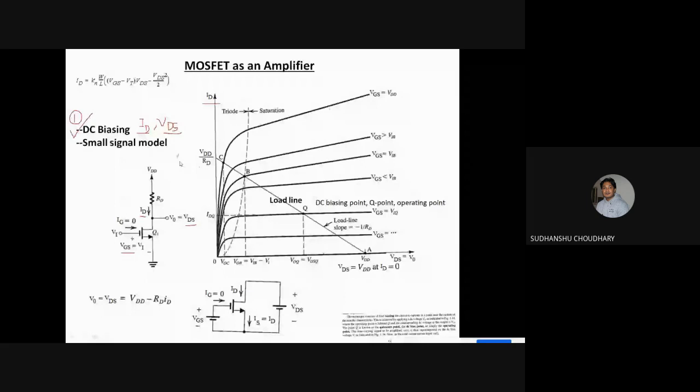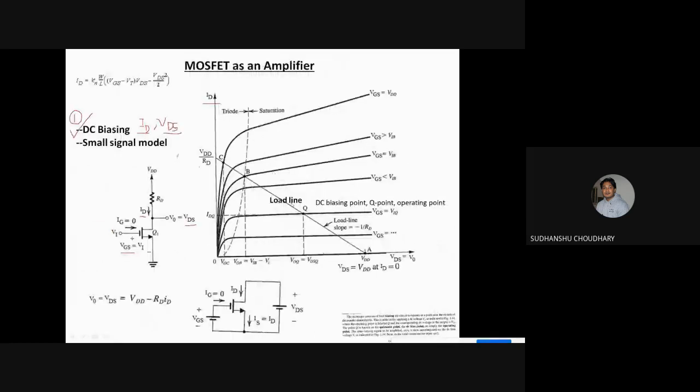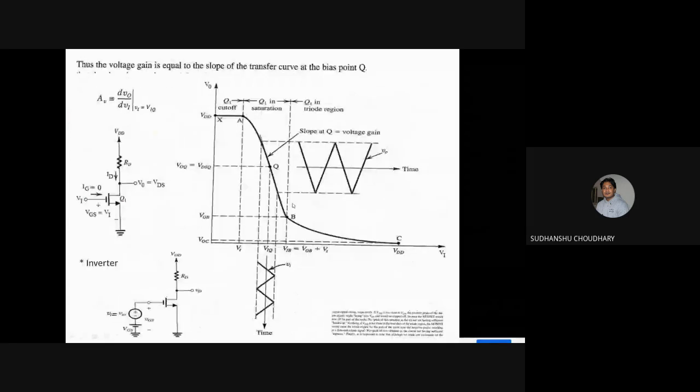Then we also commented on the choice of Q point: whether it should be near VDD or near the triode region. We said it should be in between, at the center of the load line, or at the center of the saturation region in the VTC, or voltage transfer characteristics.